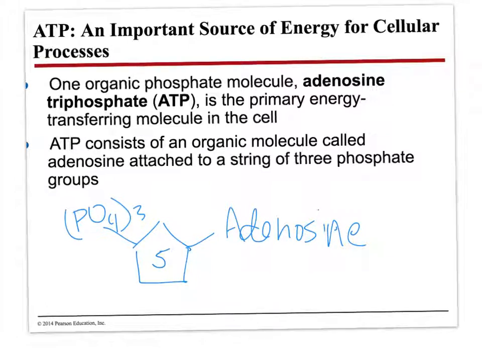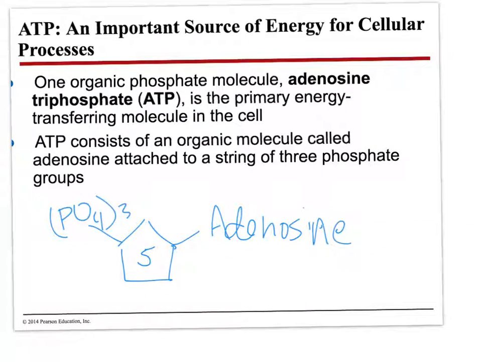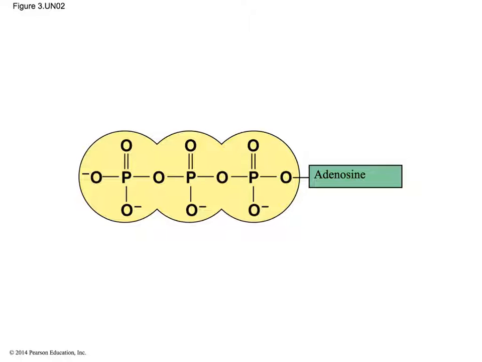All right, let's move on. This is what it looks like. This adenosine right here actually has a 5-carbon sugar attached with it too, but don't worry about it. I'm showing it to you all together. These bonds are important.